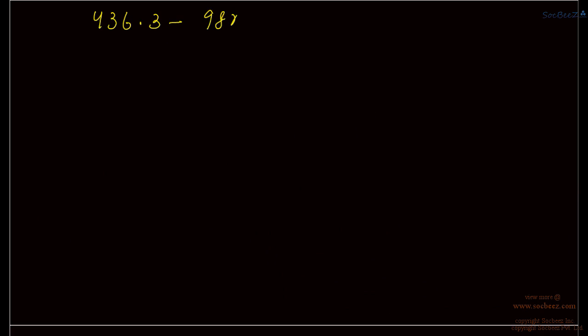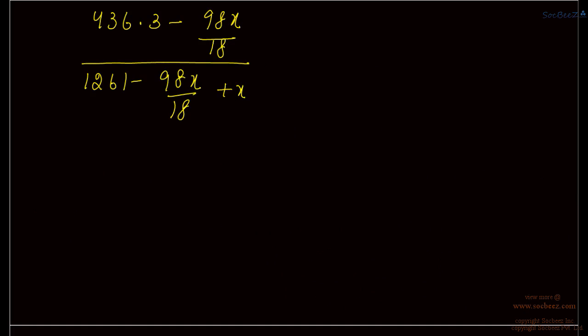So from here we get (436.3 minus 98x upon 18) divided by (1261 minus 98x upon 18 plus x) into 100 equals 27.